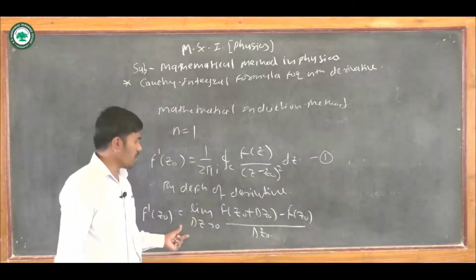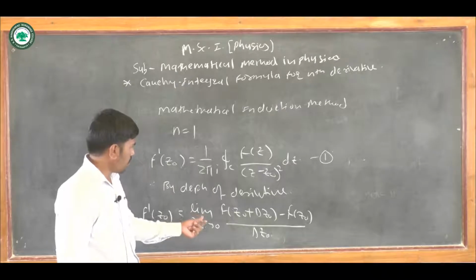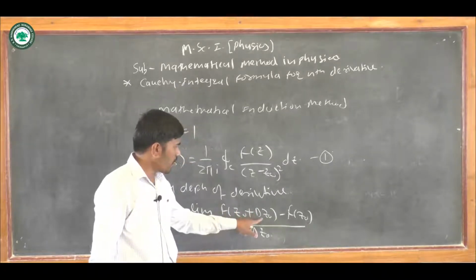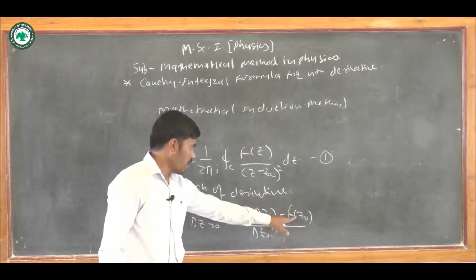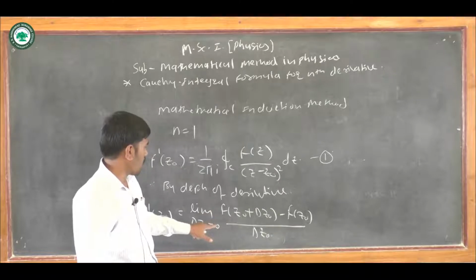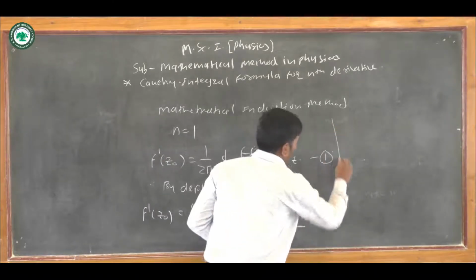This is the definition of the derivative. So here we want f(z naught plus del z naught). Then we can put these things here, and then we can find this f double prime.